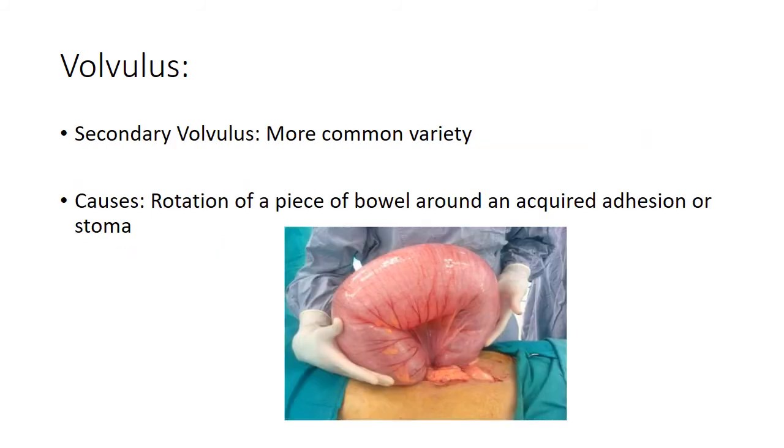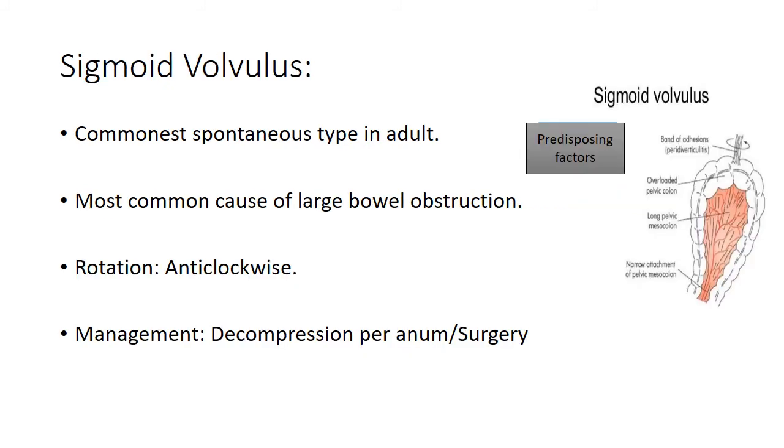A secondary volvulus is the more common variety which occurs because of rotation of a piece of bowel around an acquired adhesion or stoma. Sigmoid volvulus is the commonest spontaneous type in adults and also the commonest cause of large bowel obstruction. Here, rotation nearly always occurs in an anti-clockwise direction.